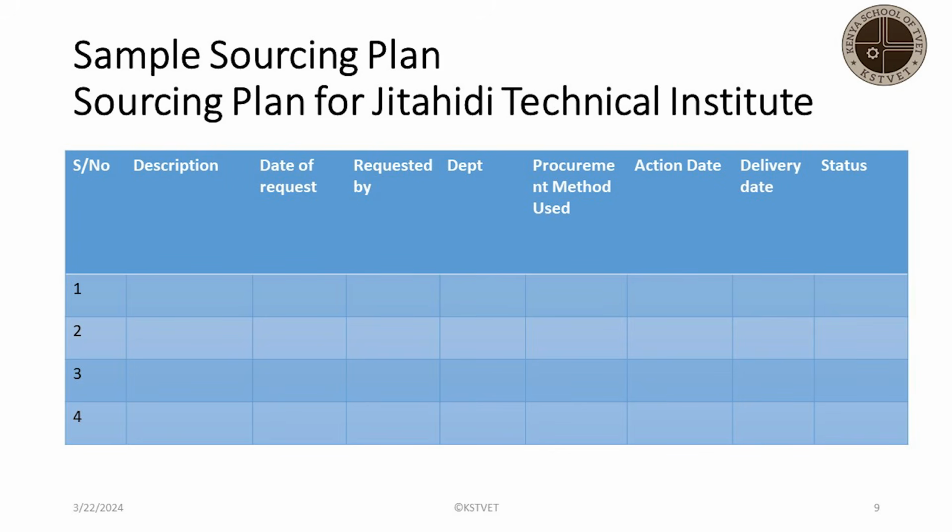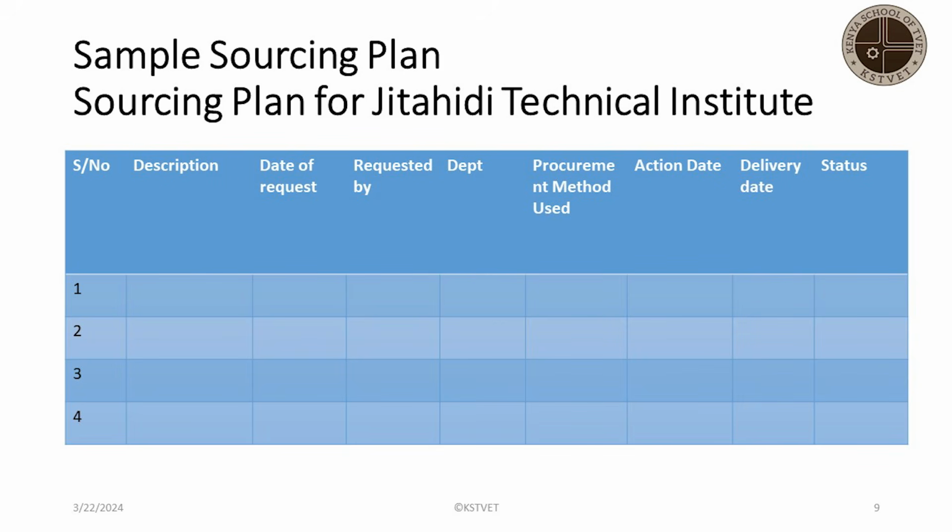3. It will have a date of request, and this is when the request for the item to be bought was made. We have a column for requested by, and here we'll indicate the name of the person making the request for the item to be bought.